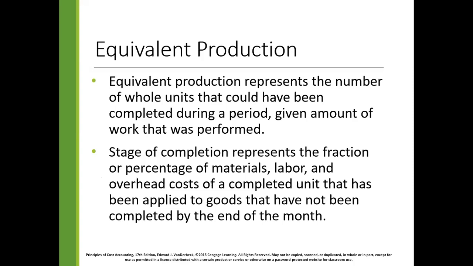Equivalent production represents the number of whole units that could have been completed during a period given the amount of work that was performed. Stage of completion represents the fraction or percentage of materials, labor, and overhead cost of a completed unit that has been applied to goods that have not been completed by the end of the month.